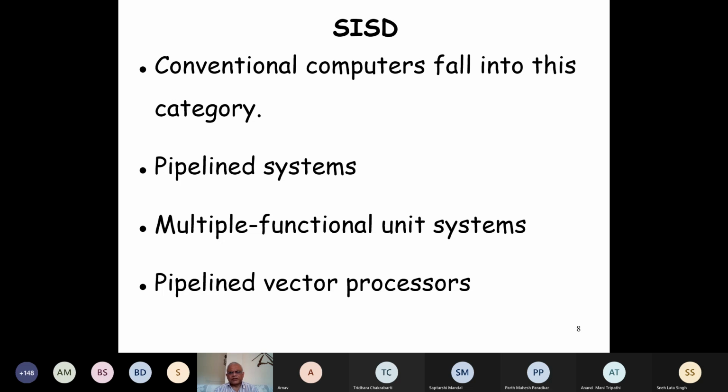So the pipelined vector processors will become SISD. Right now it may look awkward. What are these terms and so on? But just bear with me. We're just discussing the terms, but we'll discuss the concepts and the architecture behind this a little later.